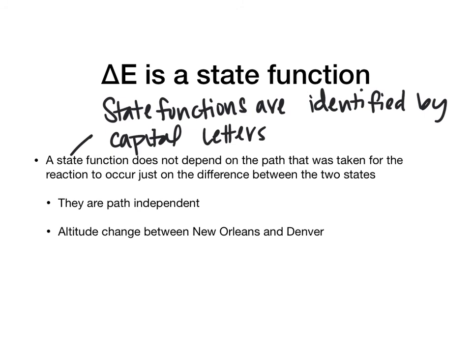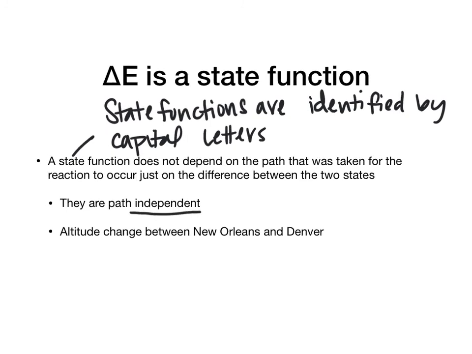A state function does not depend on the path that was taken for the reaction to occur, just on the difference between two states. All of that is a really fancy way of saying they are path independent. It doesn't really matter how you get there.